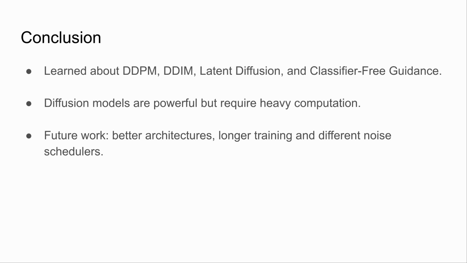Diffusion models still remain computationally heavy, but our modular code now lets us test better architectures, longer training, and improved noise schedules for future work. So these steps should bring the FID below the desired 50 and make the model useful for real applications.